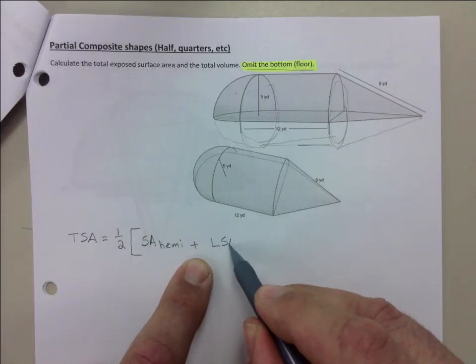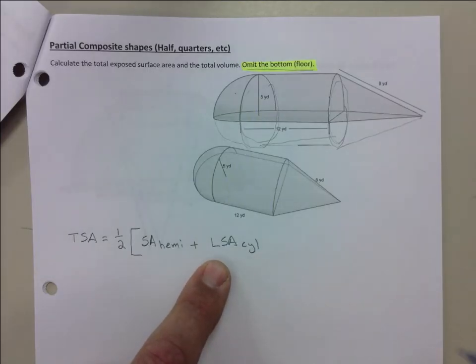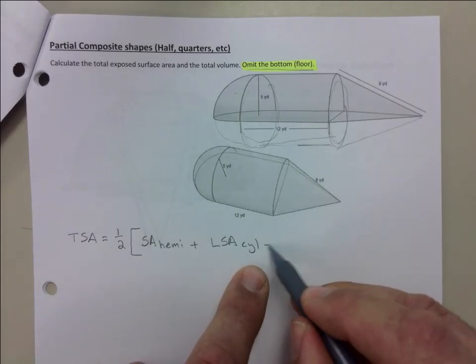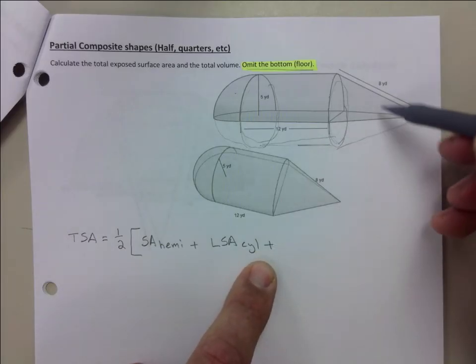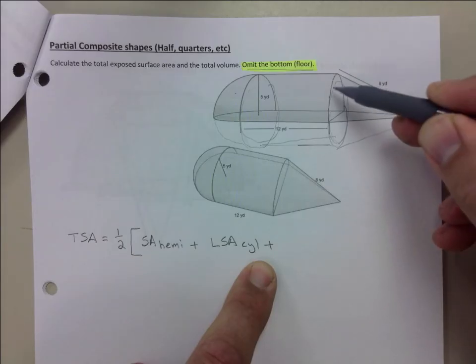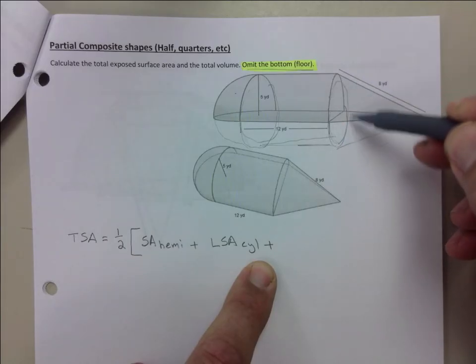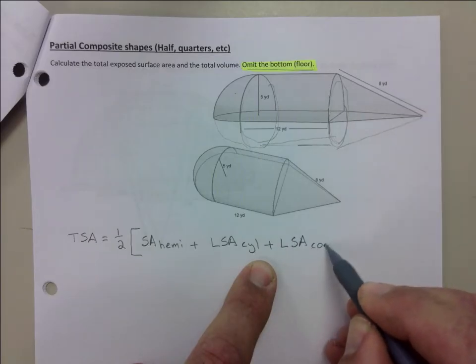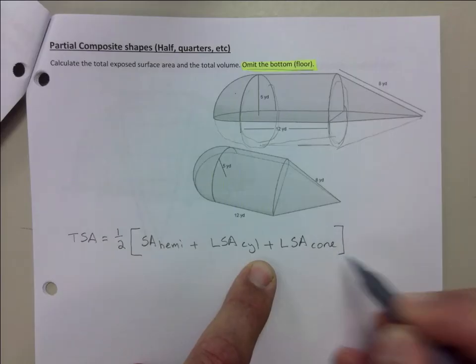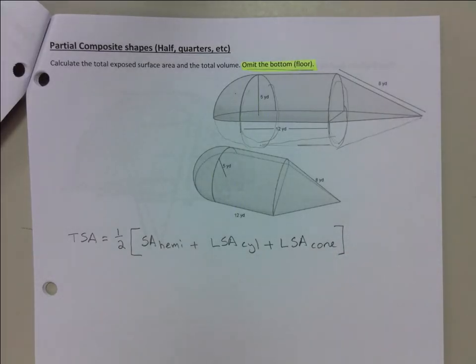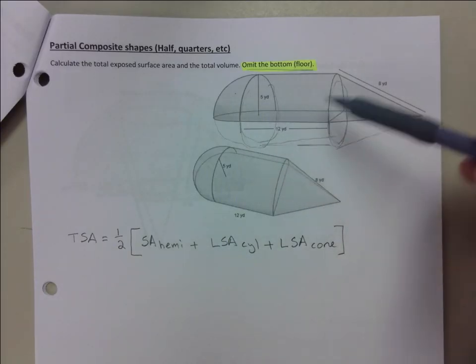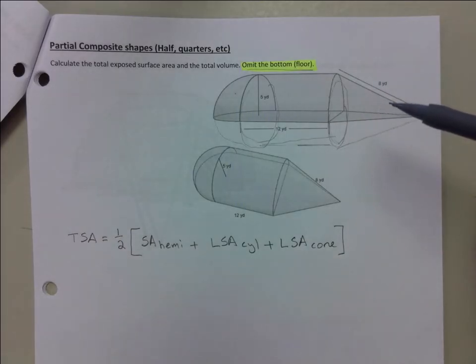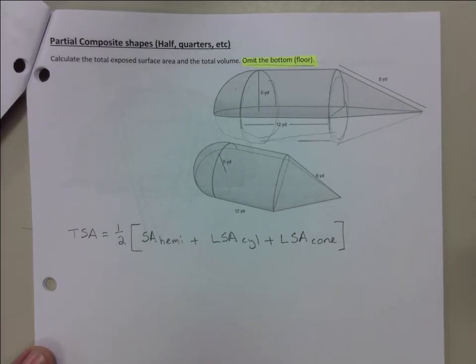So it's just the lateral surface area of that cylinder. Plus there's this cone at this end. I do not want the circular base of that cone, so I'm also just going to say LSA of cone. Got my shapes right? You do not care about any of the circles, so we don't have to subtract, but we definitely also don't want to add. Got it?